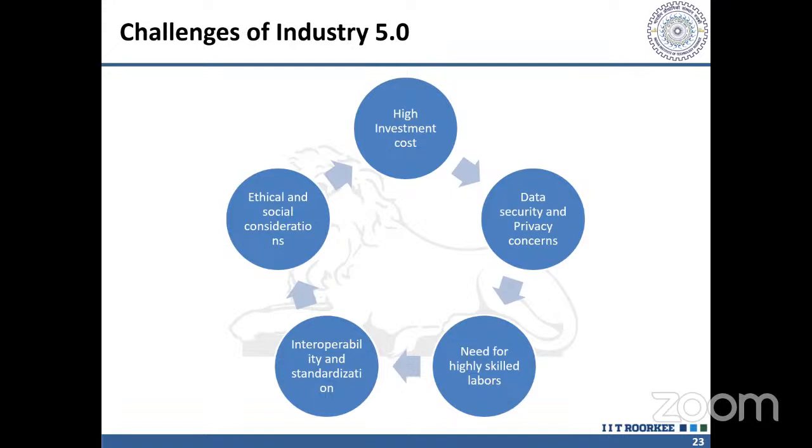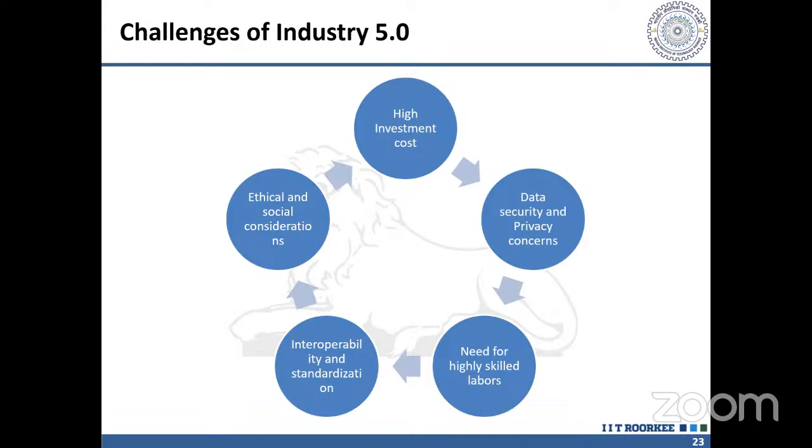For example, a company may need to invest in AI-powered robots, real-time data analytics, and IoT-enabled sensors to fully realize the benefits of Industry 5.0. This can be a barrier for small and medium-sized enterprises that may not have the financial resources to make the necessary investment. So this is the big limitation of Industry 5.0.